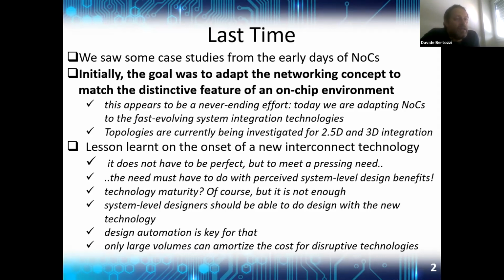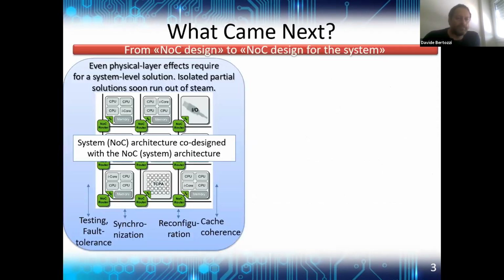And investing on technology maturity is not enough for that. You need design automation support for that. That's why there is a rising star in the research community, which is design automation for emerging technologies. Last but not least, since we are talking about an emerging technology, only large volumes can amortize the cost for the industrial uptake of these technologies.